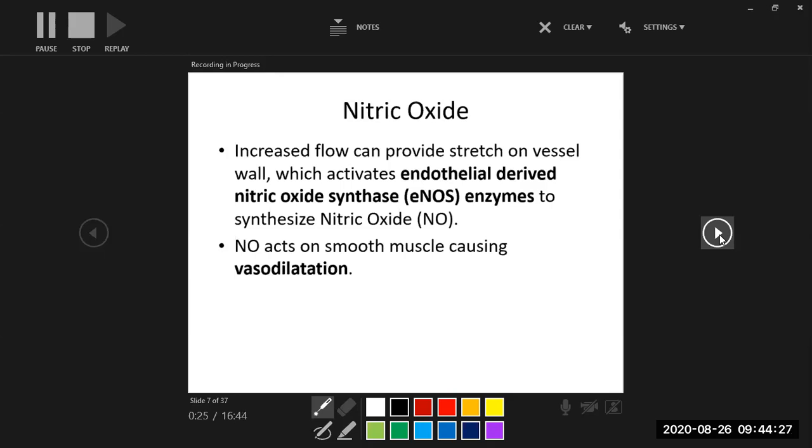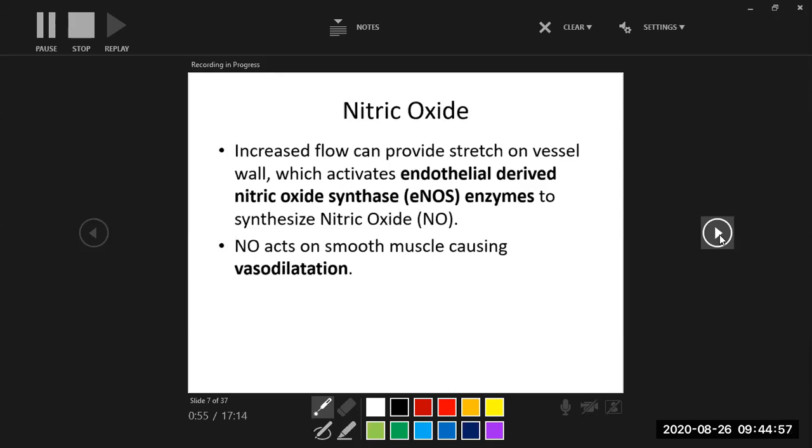With a healthy endothelium, when there is more blood flow into that region due to the needs of the blood supply, that increase of blood flow will first act on the endothelium cells in the very inner layer of the vessel wall. And that will trigger that endothelium cell to synthesize NO.